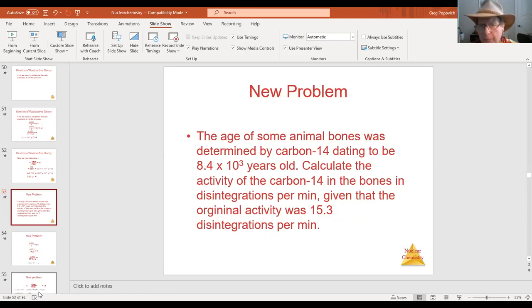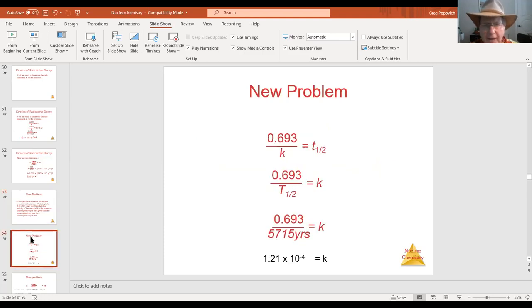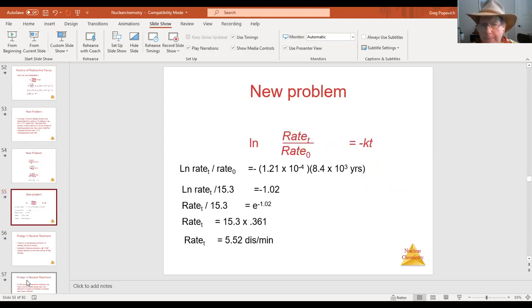I don't have to determine, or actually I do have to determine K. Again, K is equal to 1.21 times 10 to the minus 4th. I multiply that by the years, raise e to that power, then multiply it by my original disintegrations per minute. This gives me that my rate at time t is now 5.52 disintegrations a minute.